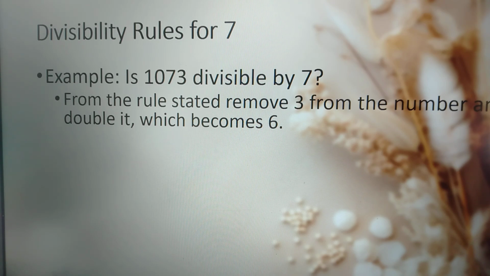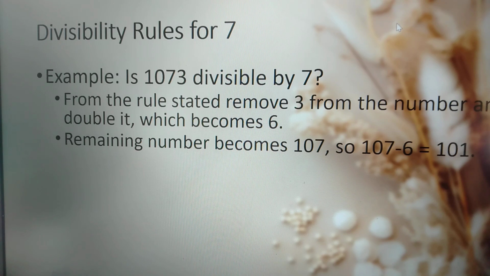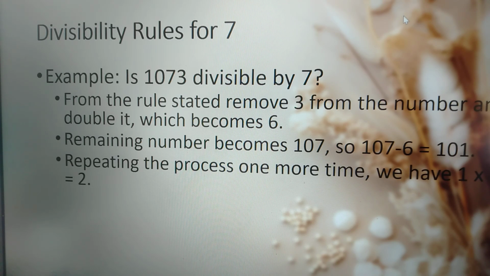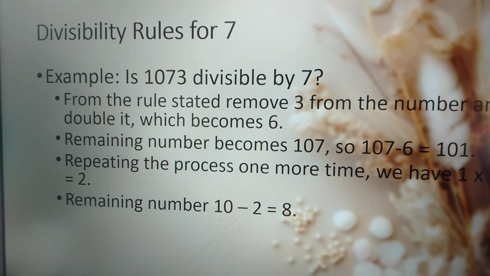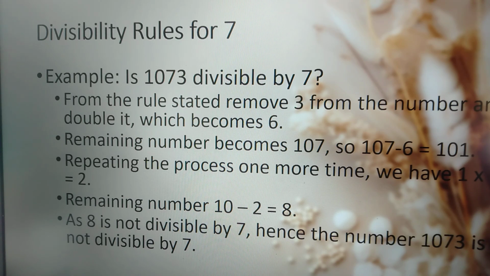Then 107 is the remaining number. 107 minus 6 equals 101. With 101 we can't identify yet, so we have to repeat the process. 1 is the last digit. Multiply it by 2, then 10 minus 2 equals 8. Therefore, 8 is not divisible by 7.